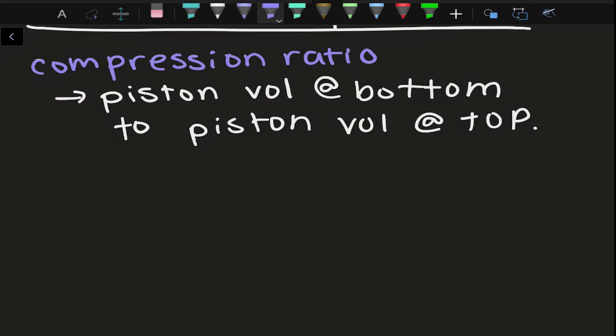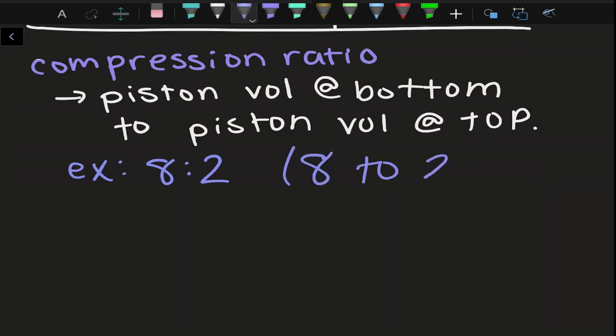An example here would be a typical expression ratio such as 8 to 2. Okay, so it's just a regular ratio. It's just describing the piston volume at the bottom to the piston volume at the top.